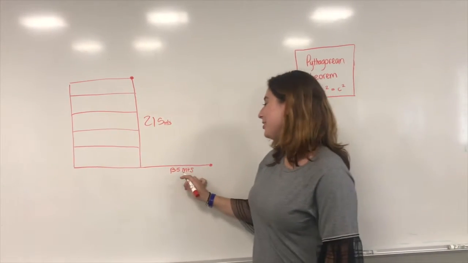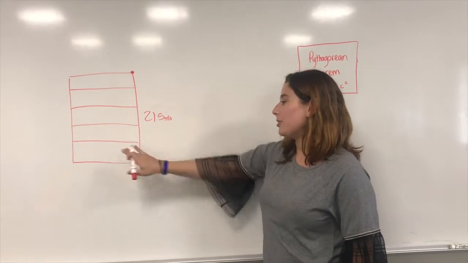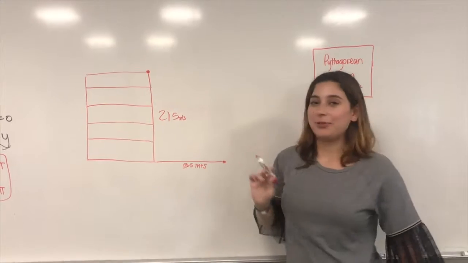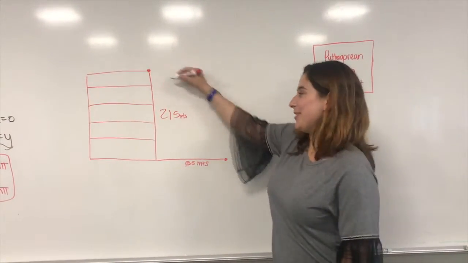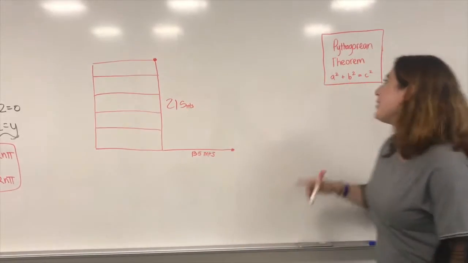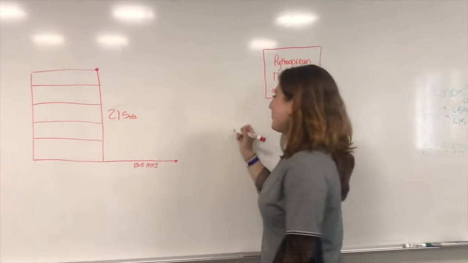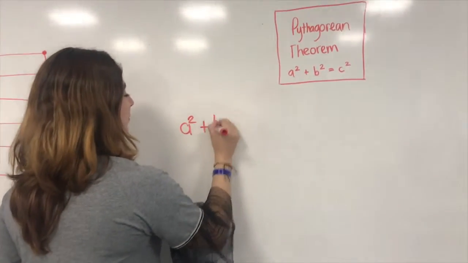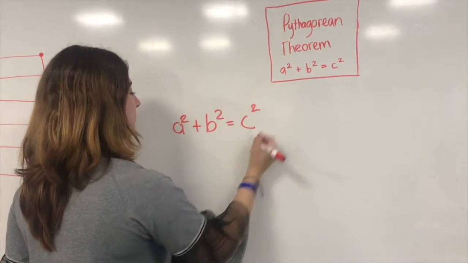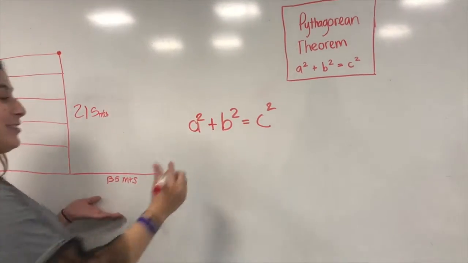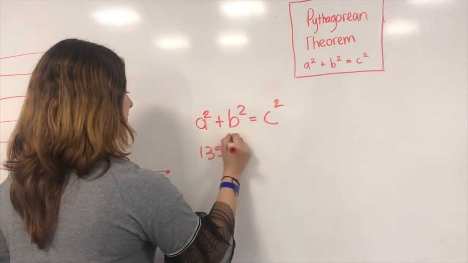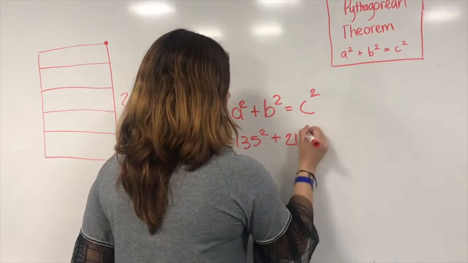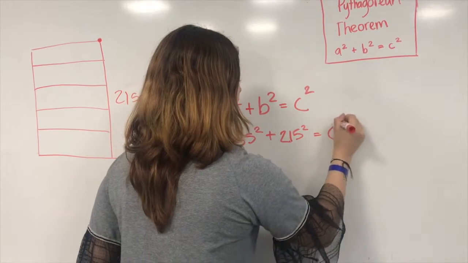If we have a specific point 135 meters away from a structure that is 215 meters high, we have to find the angle of elevation. But for that, first we have to find the hypotenuse. We will find that through the Pythagorean theorem. So we plug in the values: A squared plus B squared equals C squared. A squared is going to be 135 meters, B squared is going to be 215, and we have to find our C squared.